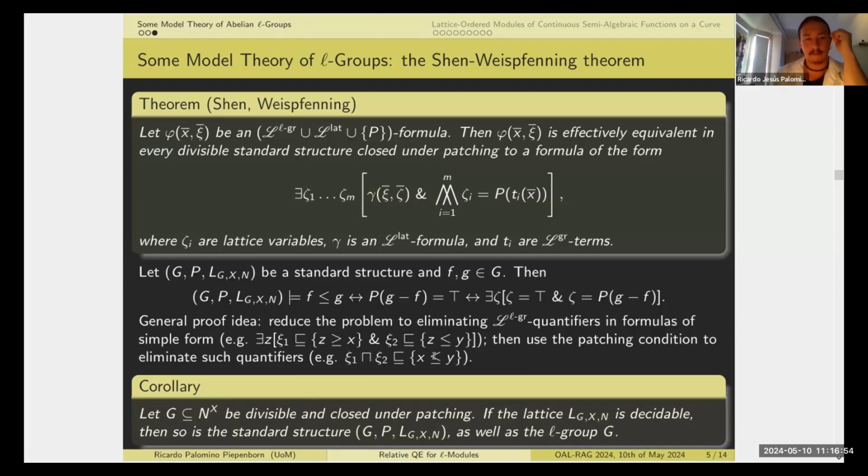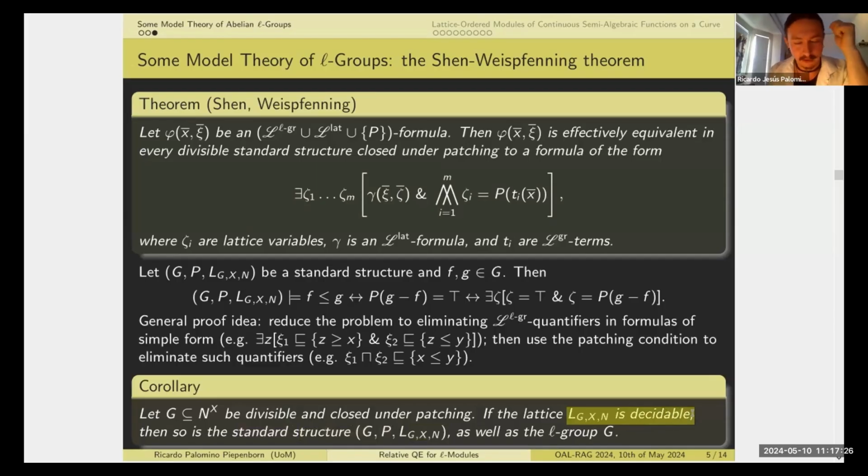In particular, if I pick now any abelian L group of functions, which is divisible again and closed under patching, then by this theorem, it follows that if the lattice of zero sets is decidable, by which I mean that its theory is decidable, then the standard structure is also decidable, as well as the L group G, right? So if the standard structure is decidable, because the L group lives inside the standard structure, then the L group is also decidable.